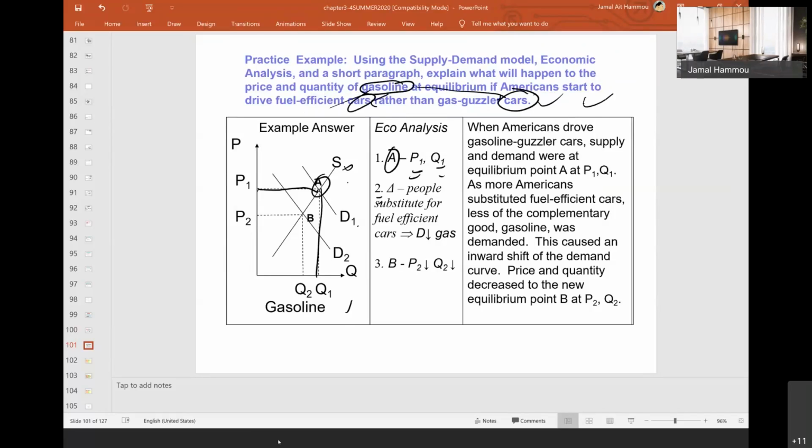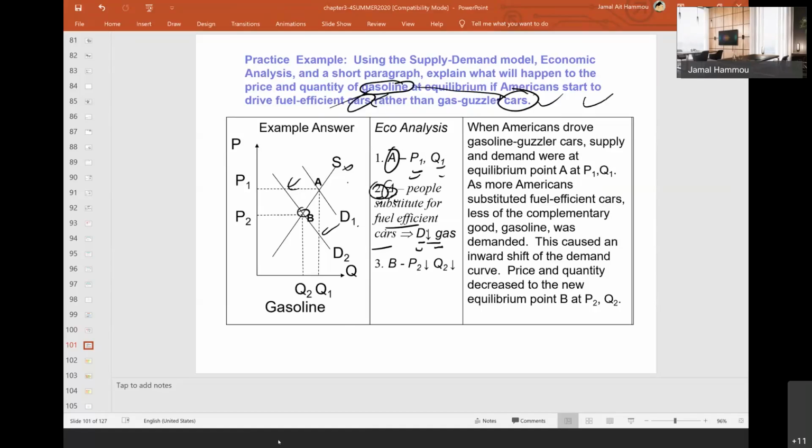Okay, so now I will understand how that will affect my gasoline market. People substituting for fuel efficient cars, what does that mean? It means they will consume less gas. So the demand curve would go down. I would just shift the demand curve to the left, and I will have a new equilibrium. And I say, okay, step number 2, the change that happens, this delta here, means just a change in people's behavior.